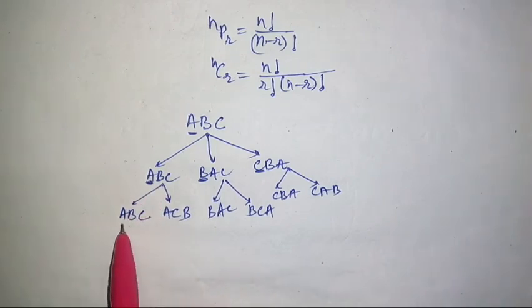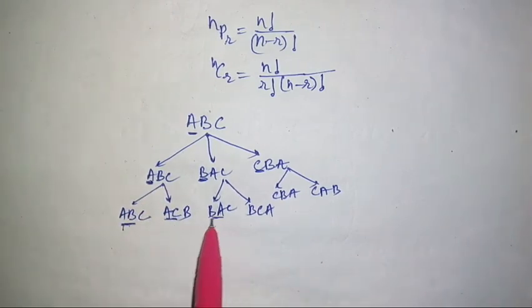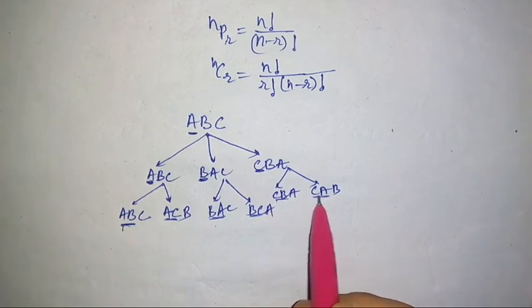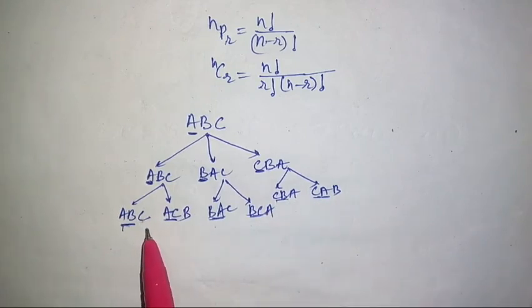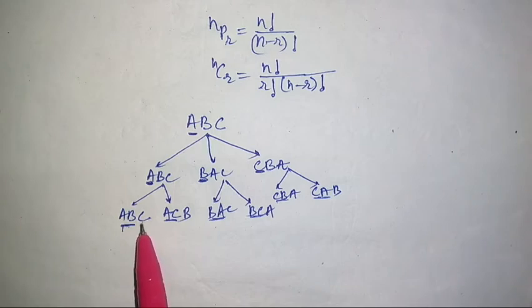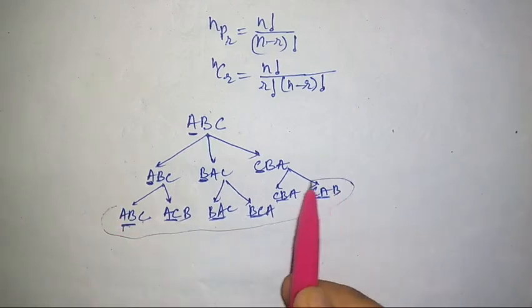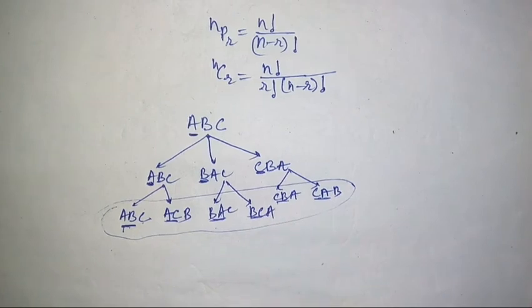After the second step, we will lock these 2 digits. Now after locking C, only 1 digit is left, so we have no other alternatives to swap. We can only swap it with itself. So this is our final result, and if we count 1, 2, 3, 4, 5, 6, we get a total of 6 permutations as the answer.